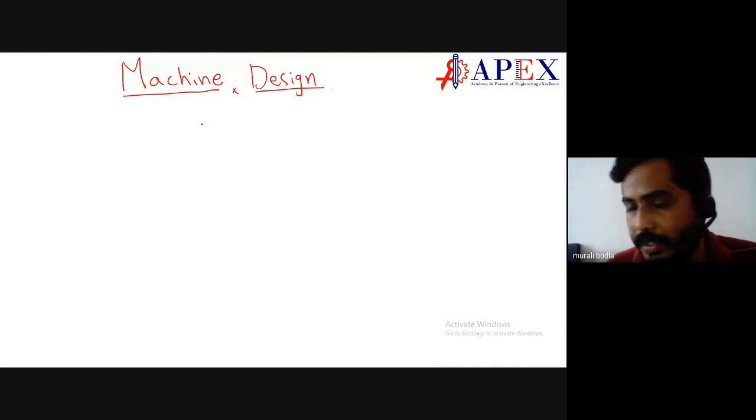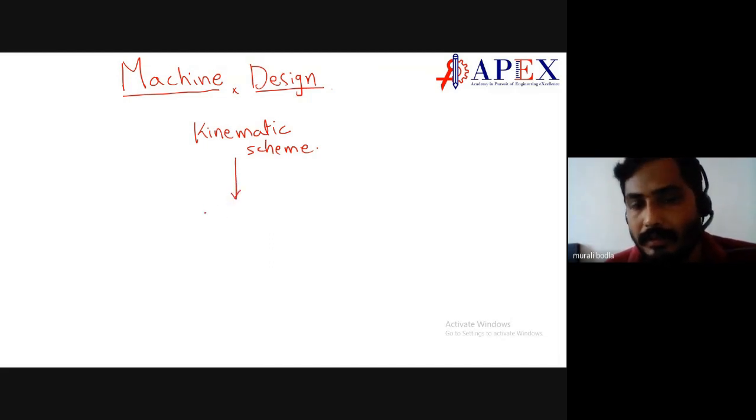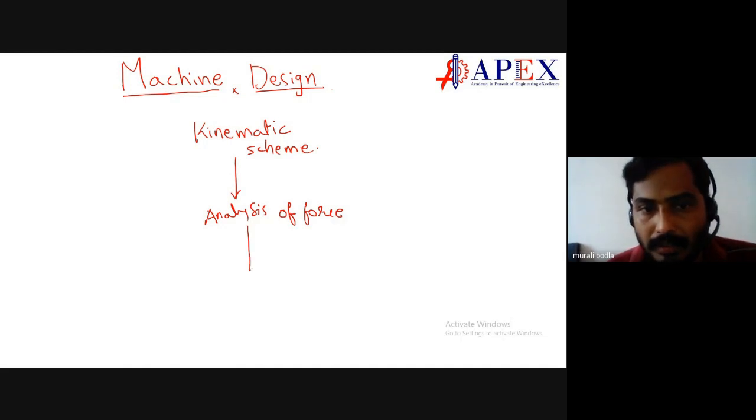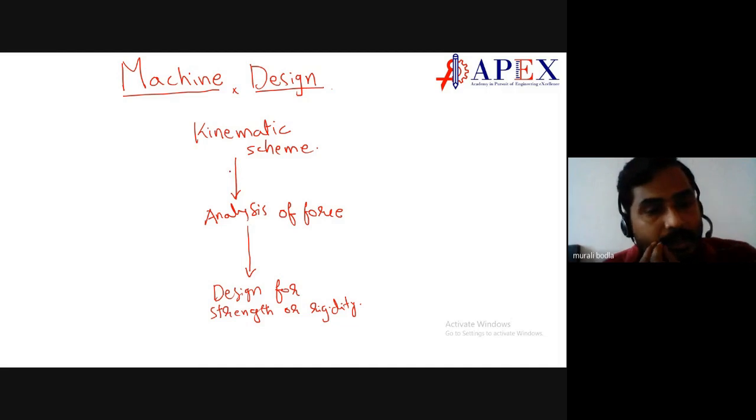Like, first he will do the kinematic scheme, the first step, and then he will do the analysis of force, and then he will design for strength or rigidity. So these are the major steps involved in the design process.